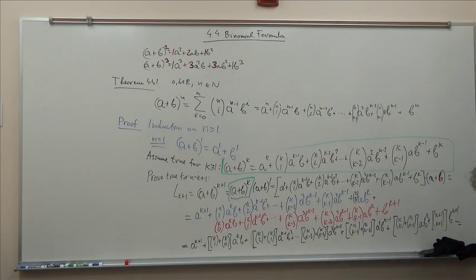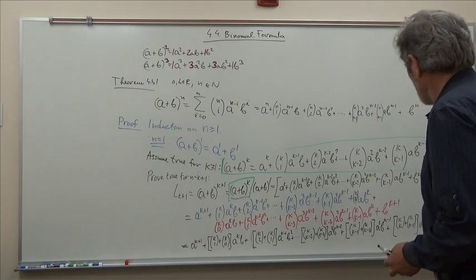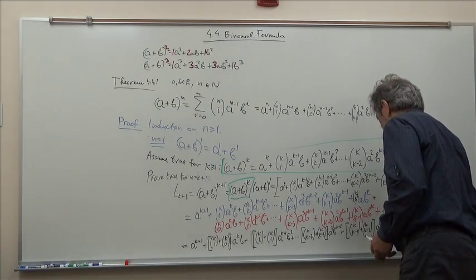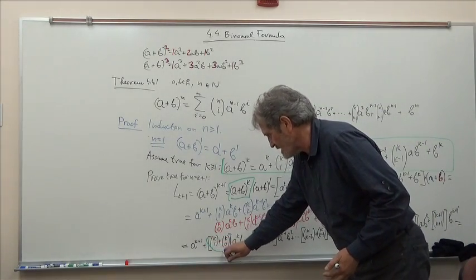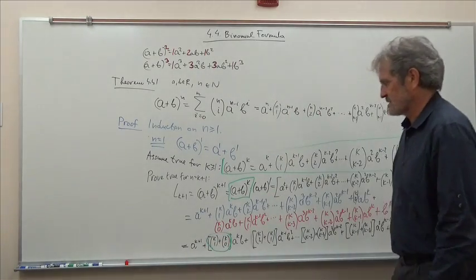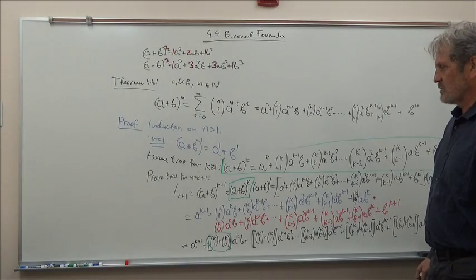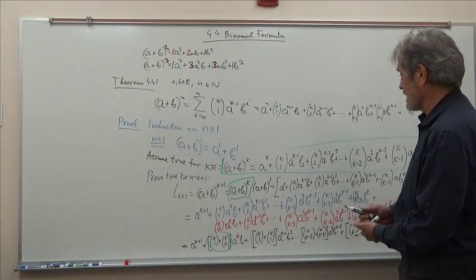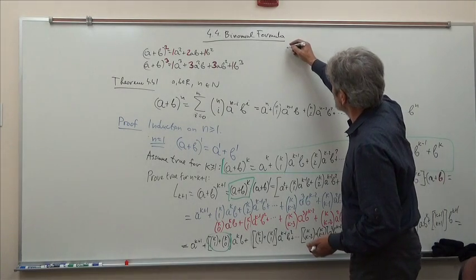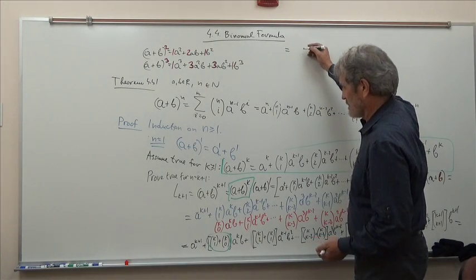And now comes that crucial part. Using Pascal's identity, these two guys are two consecutive members, so that's equal to the next member, k plus 1 choose 1. So here it is, I have to continue here because this board is fairly small. Equals.